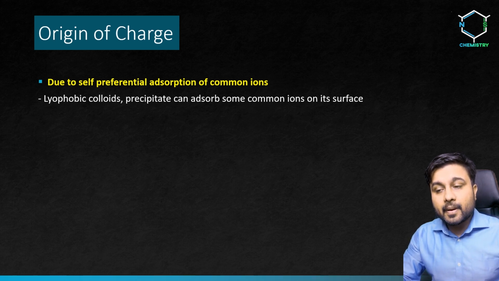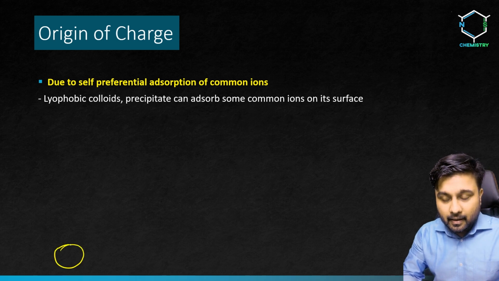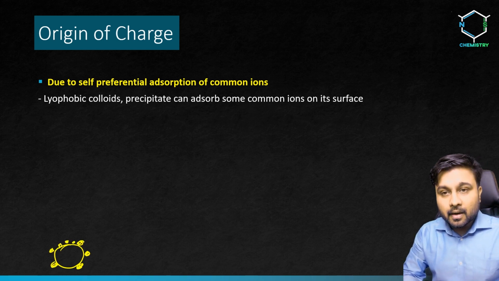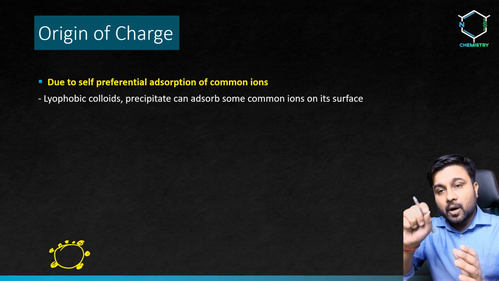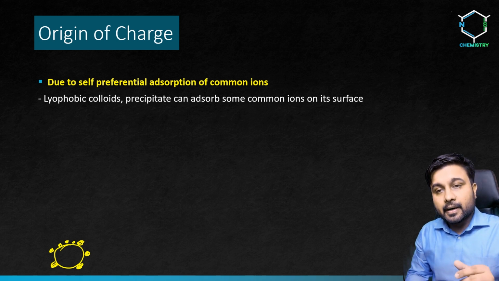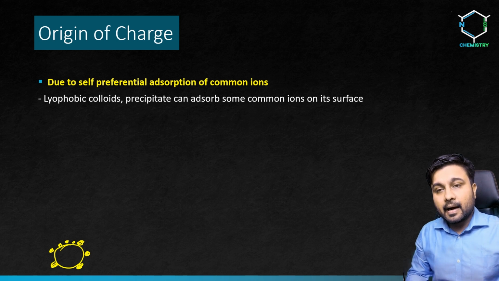Mostly lyophobic sols have charge because of adsorption of some common ion on their surface. So what happens, beta, is that we have a colloidal particle, and it adsorbs some small ions on its surface like this. Okay, so the colloidal particle adsorbs some ions on the surface. The colloidal particle was neutral before, but after it adsorbs some charges, the same charge. It is not that it adsorbs positive and negative both; no, it will adsorb only positive, and it will attain some charge.